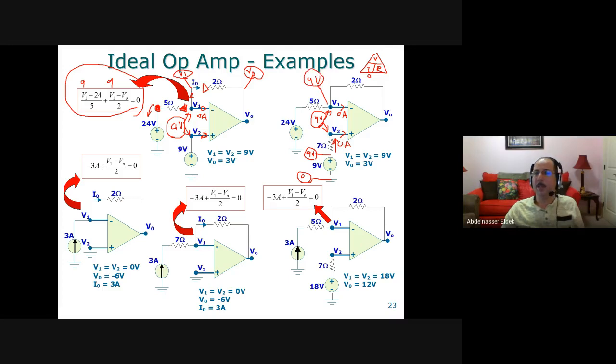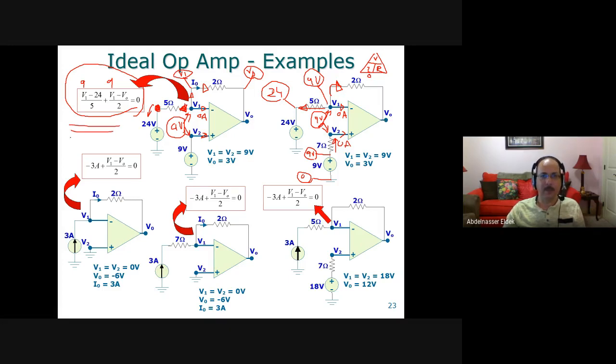Okay. And then, next step, apply nodal analysis at the input. So this current, plus this current, plus the third current, which is 0, equal 0. So if you want to write the equation, the first current is V1 minus 24 over 5, and V1 minus VO over 2 will be exactly the same like this one here.